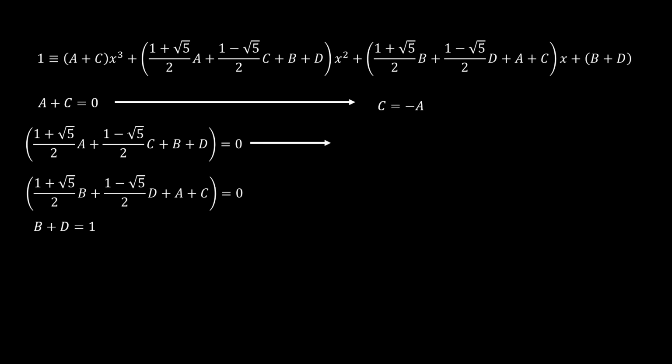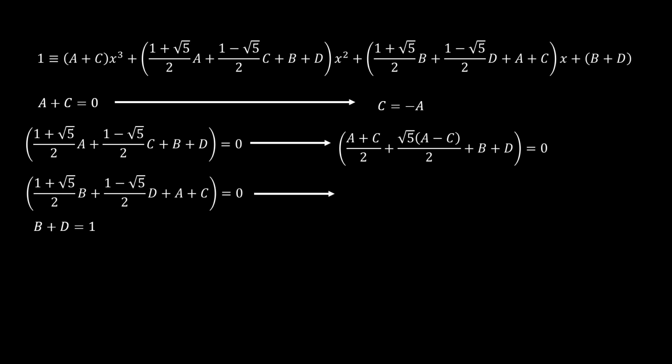And then we can proceed, since b plus d equals 1. First of all, let's collect like terms here. So we have (a plus c) over 2, and then we have (a minus c) over 2 plus b plus d.